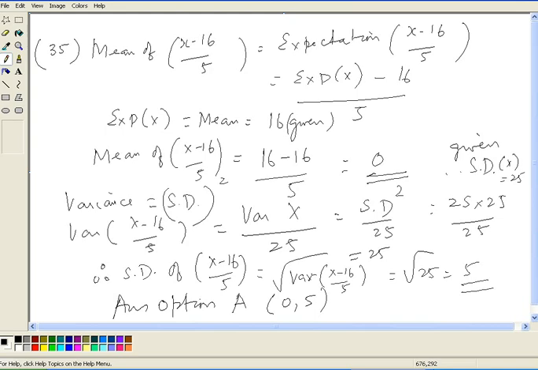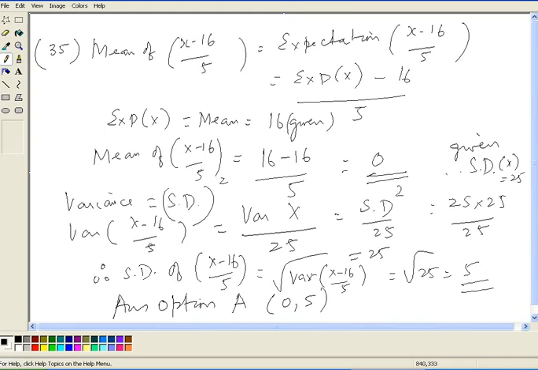Which is 0. Now we all know that variance is standard deviation squared. So variance of (x minus 16) by 5 will be nothing but variance of x divided by 5 squared, that is 25. Variance of x is nothing but standard deviation squared, divided by that 25.